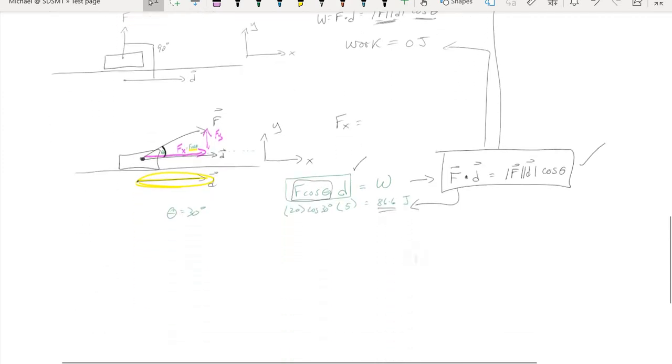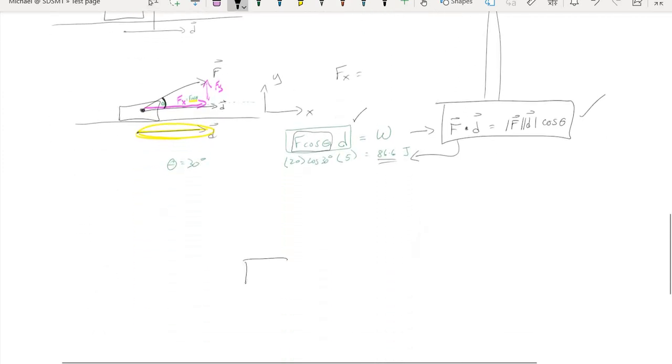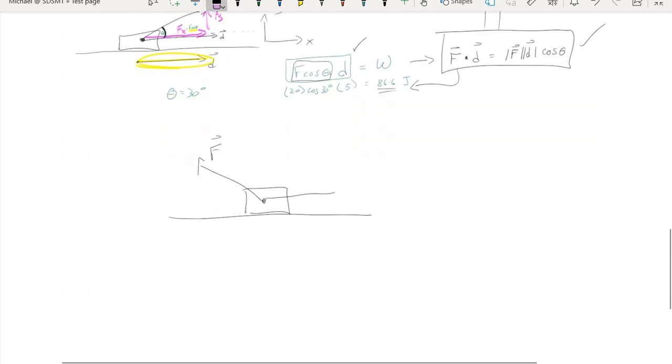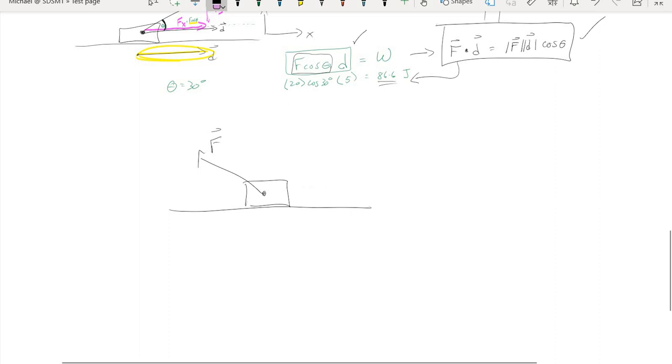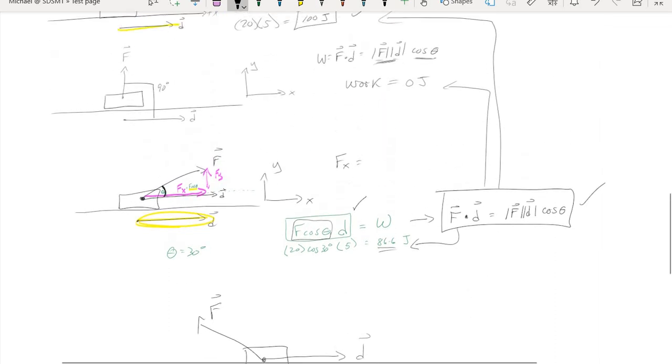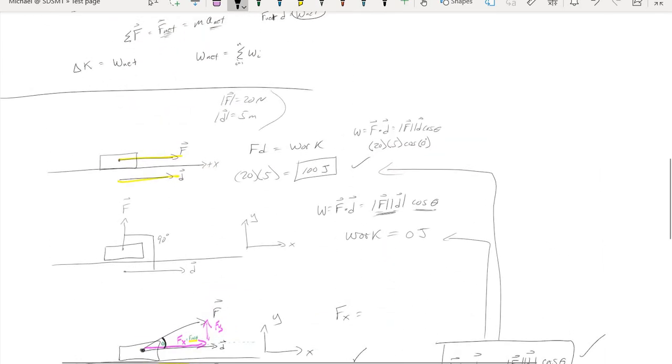Is it possible that our force vector could be pointing somewhere beyond 90 degrees? Sure, if you want to. Trying to draw this displacement vector. My stylus doesn't want to cooperate. Here we go. That's better. We'll keep the same two magnitudes, 20 and 5.